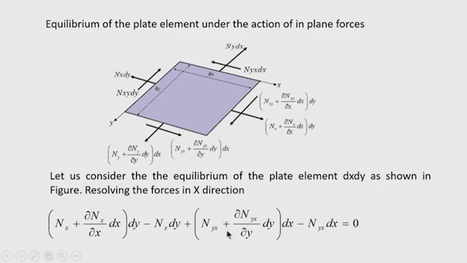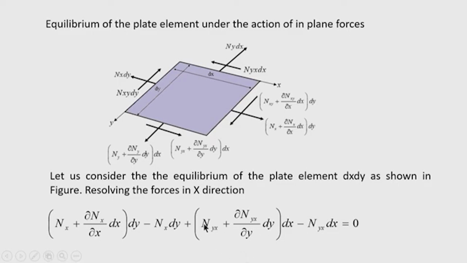Okay. So, now after cancelling some terms, you will get Nx dy, which is positive from here, and here you are getting minus Nx dy as a negative quantity. So, this term will get cancelled. Similarly, other terms, you will get Nyx dx, and here you will get minus Nyx dx. So, this term will also get cancelled.